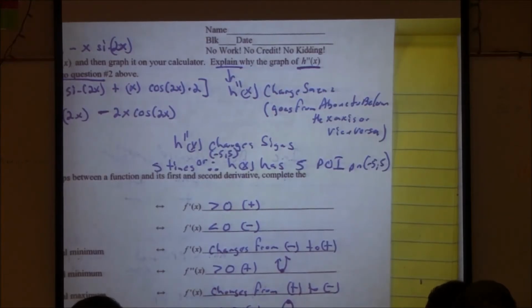That means my original function is decreasing. How about between negative 4 and negative 1? Positive, that means my original function is increasing. Between negative 1 and 2? Positive. And beyond 2? Negative.